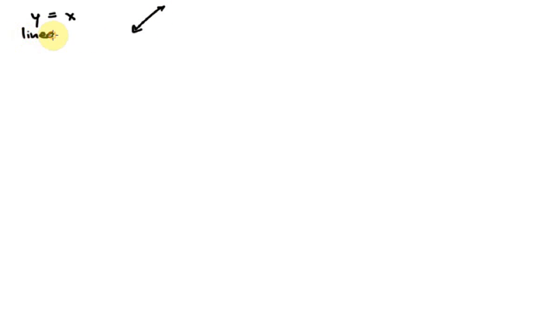So the graph would be a line. And so this is a 1st degree polynomial, so I just put that in there, 1st degree, and the graph is a line. If we put a negative sign in front of that x, it might be a downhill line.